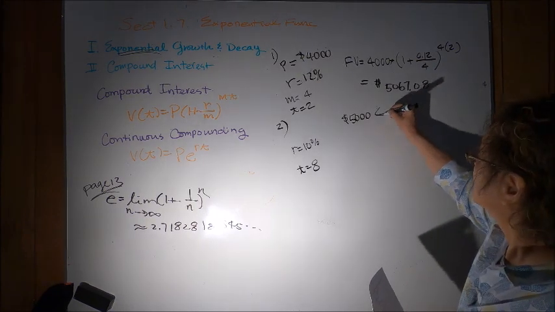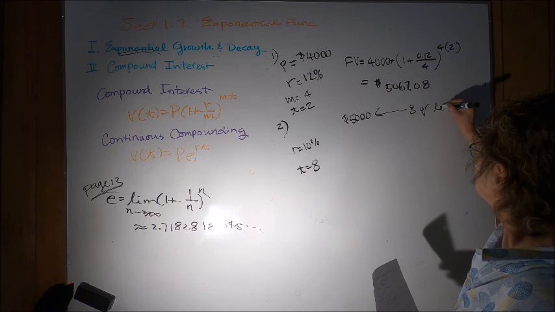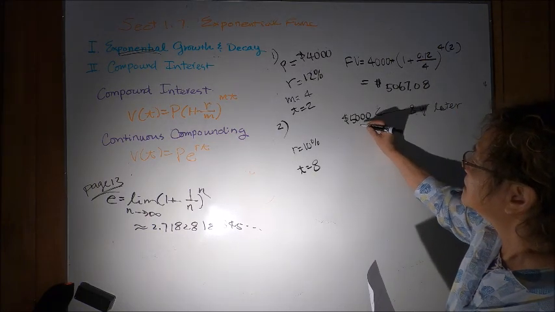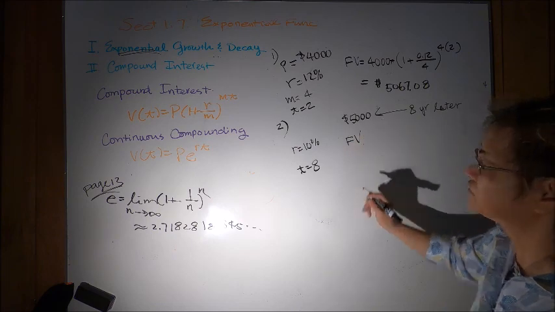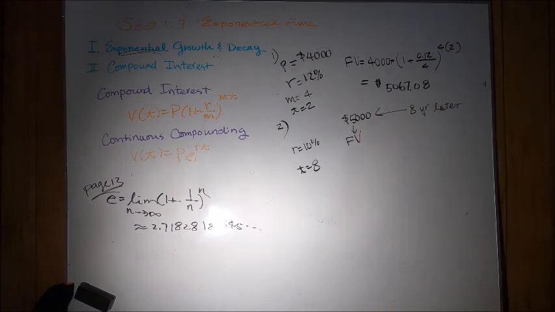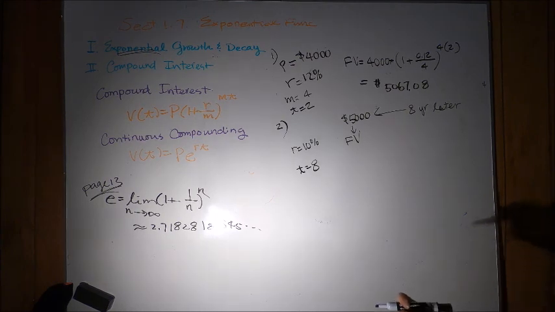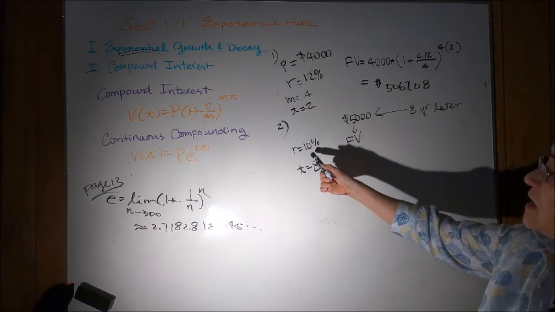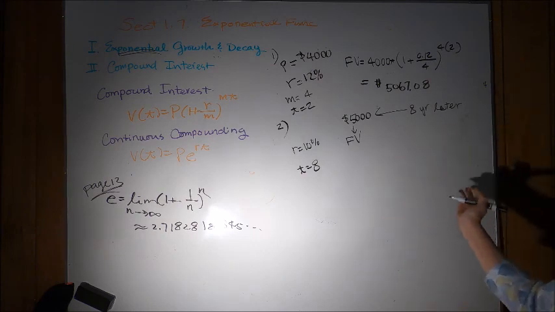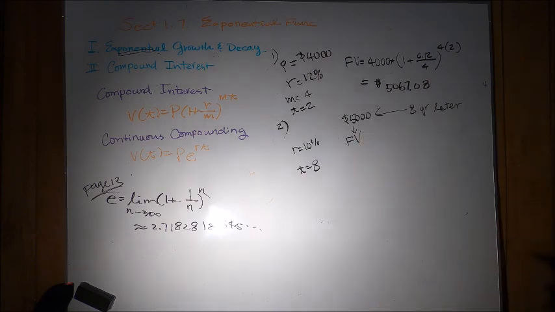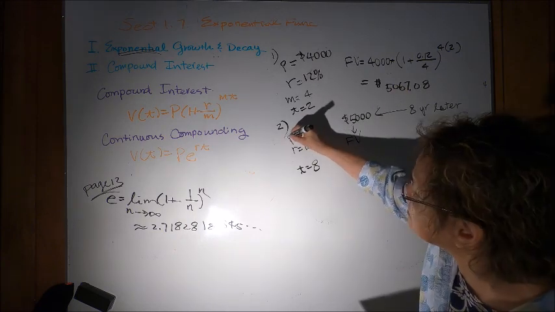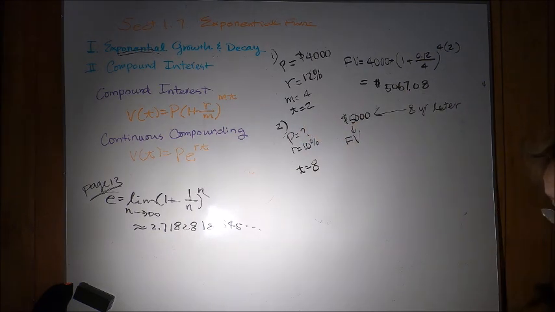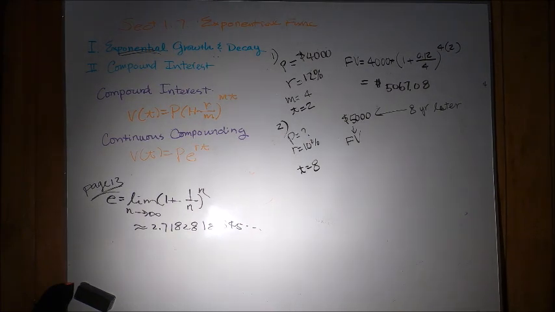This is 8 years later, so the $5,000 is the future value, what I want at that time. The present value is how much money I need to put into the account if it gives me 10% per year so that 8 years later I will have $5,000. Do I know the principal? We do not, because the principal will be your present value.